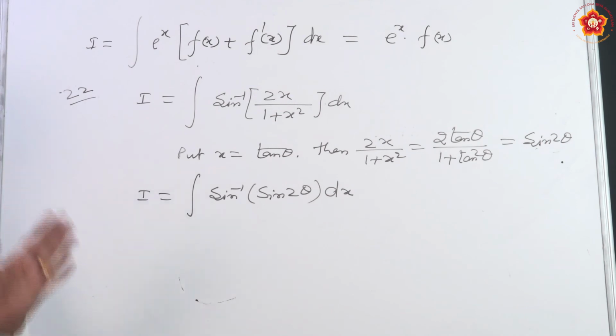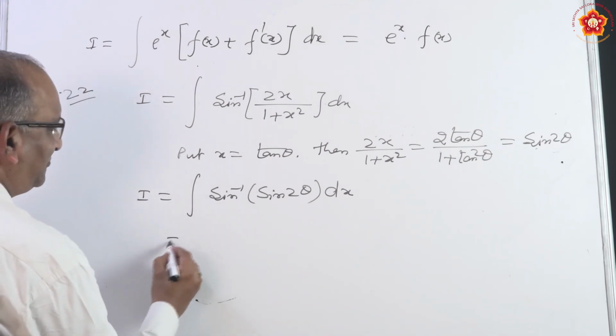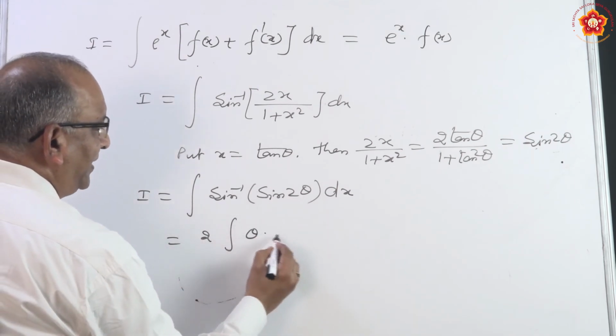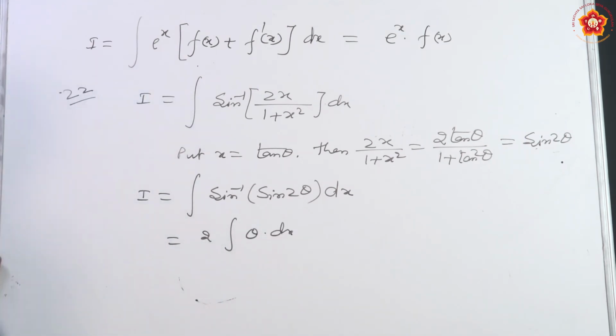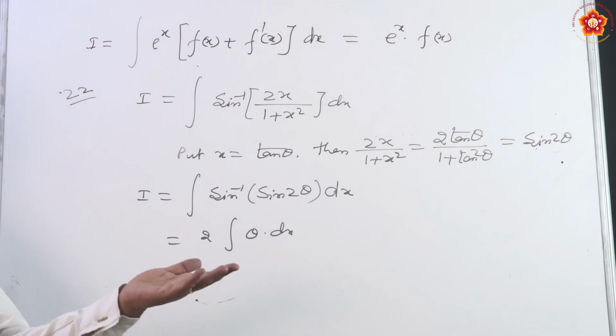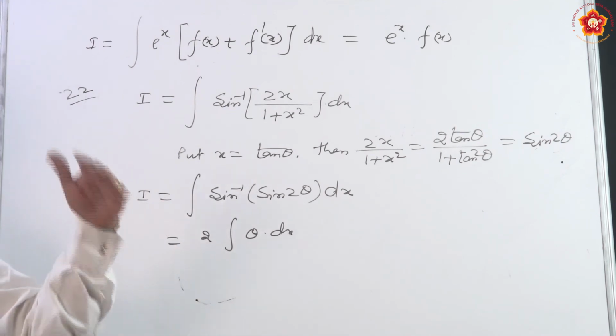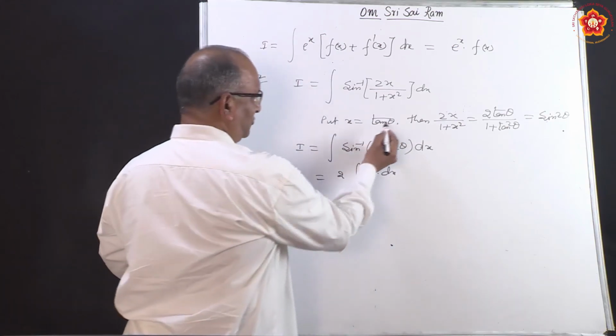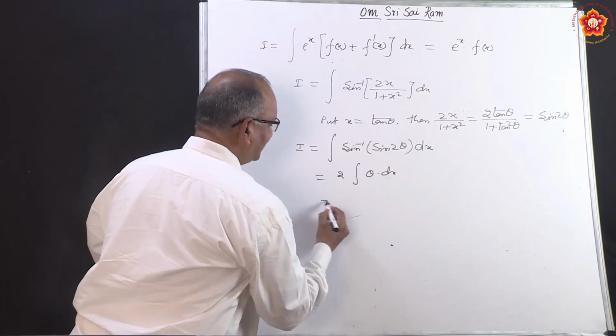We know that the inverse and the function both will get eliminated and you will be just left with 2, which can be put outside, theta into dx. But remember, theta cannot be differentiated with respect to x. So substitute back what is theta. How to substitute back? Go back to what you assumed. We assumed that x equal to tan theta. So what is theta? Tan inverse x.